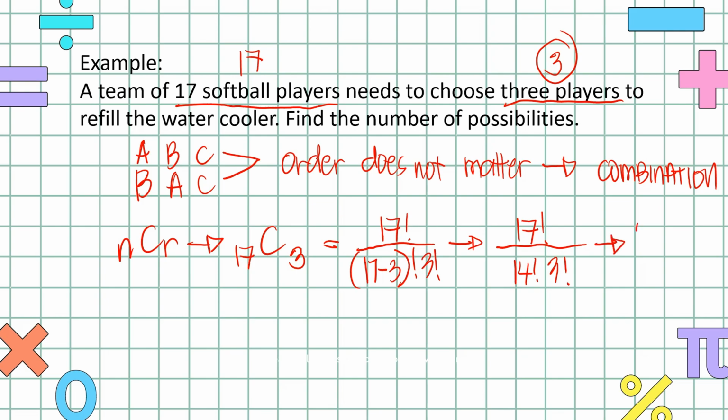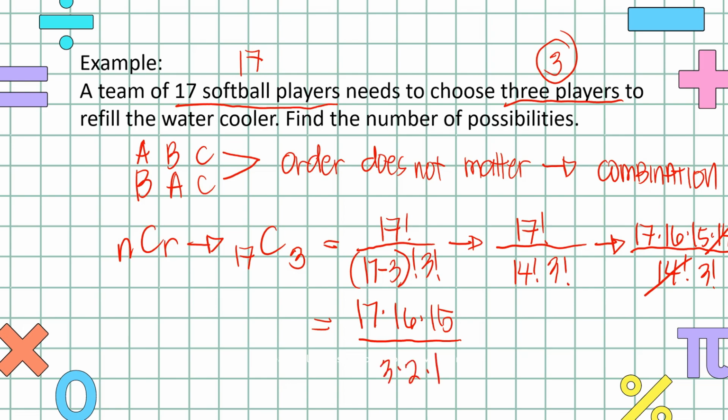Again, expand 17 times 16 times 15 up to 14 factorial. So we can eliminate the 14 factorial in our denominator. Cancel it, and we're left with 3 factorial. Let's rewrite it below: 17 times 16 times 15 over 3 times 2 times 1.